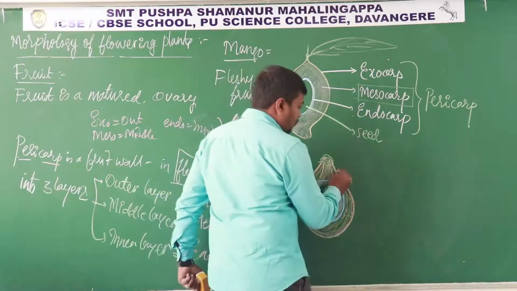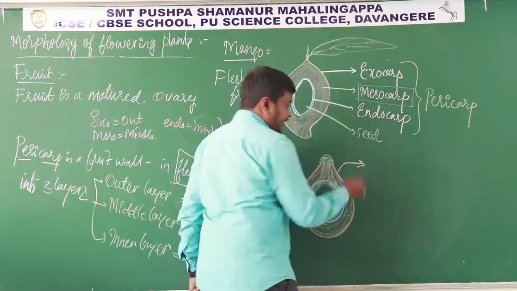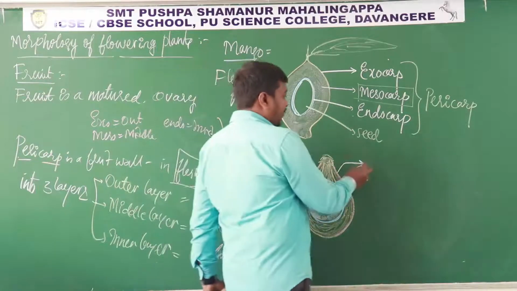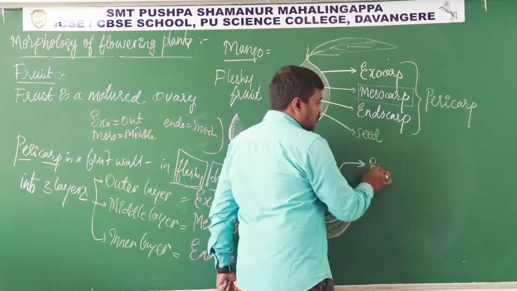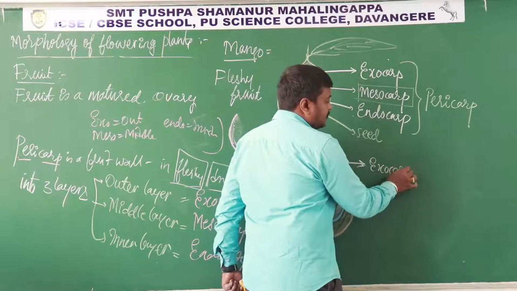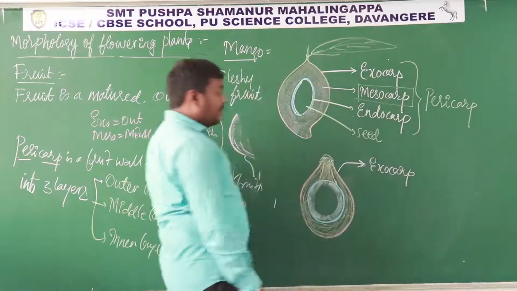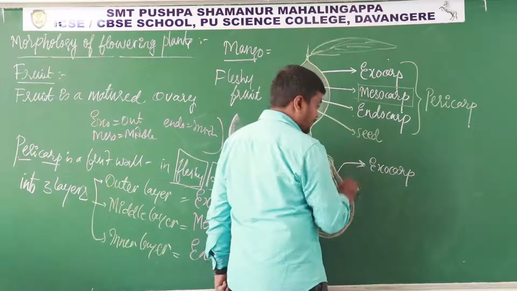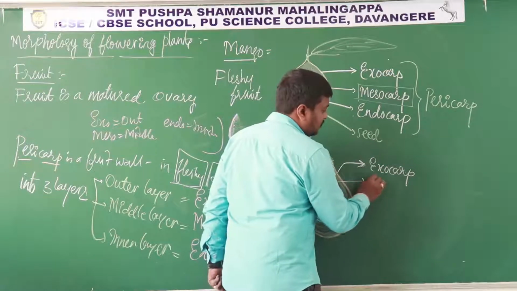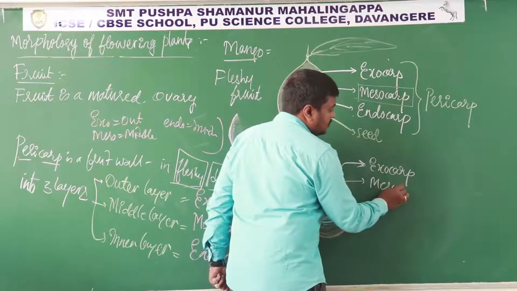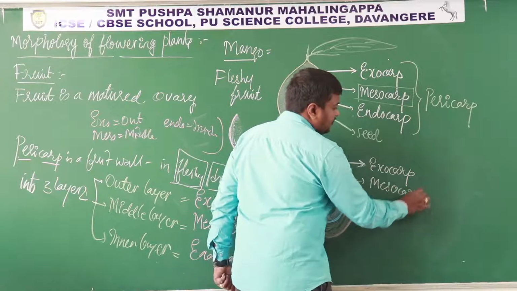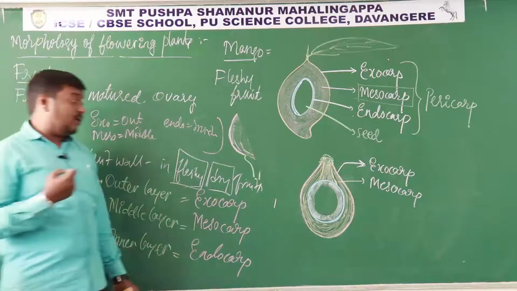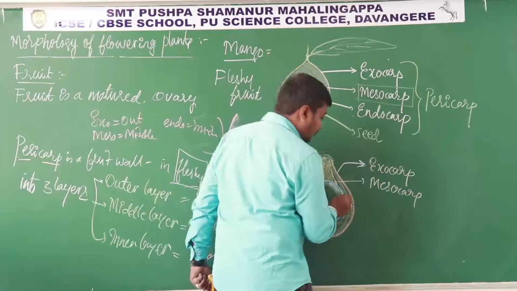The outermost, if you take the complete coconut with the husk, like the tender coconut we buy, with all the outer covering, this is exocarp. And the middle fibrous structure present after this exocarp is mesocarp. It is mesocarp, and the inner very hard endocarp.